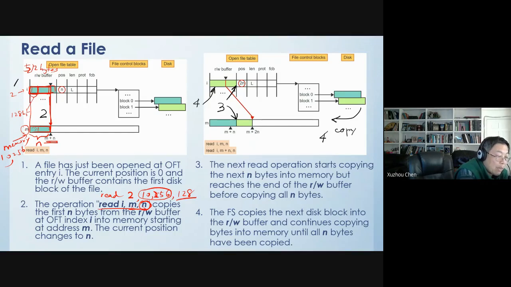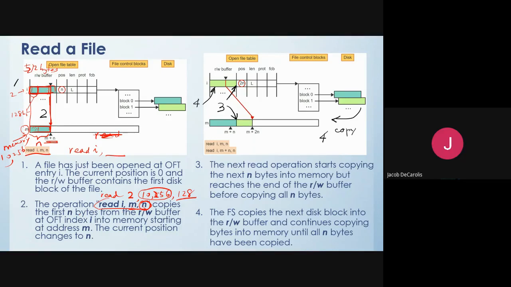So what's the next read command? After you say read i, m, n, what's the next read command? The next read command is still going to be i, the same index. And what's the start memory location? Would it be m plus n?